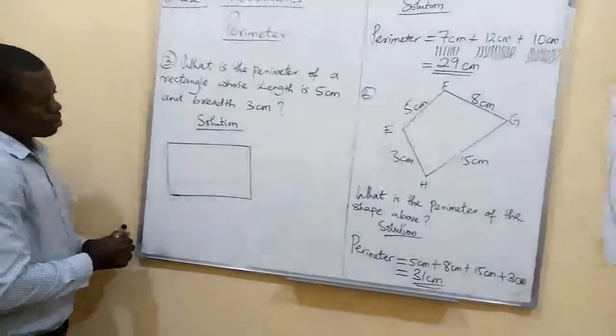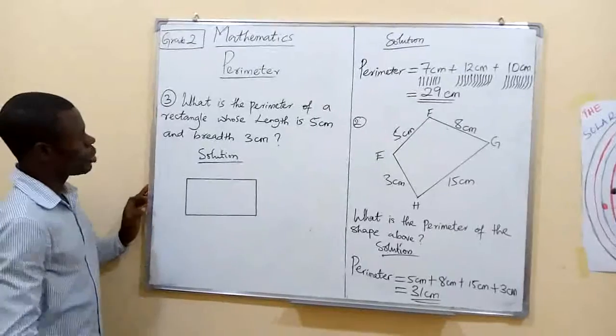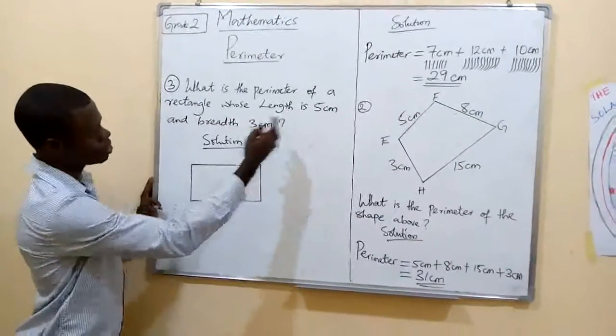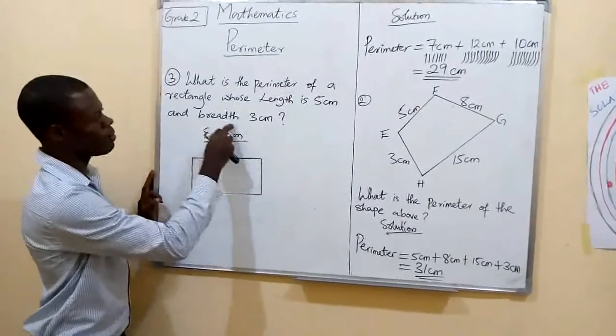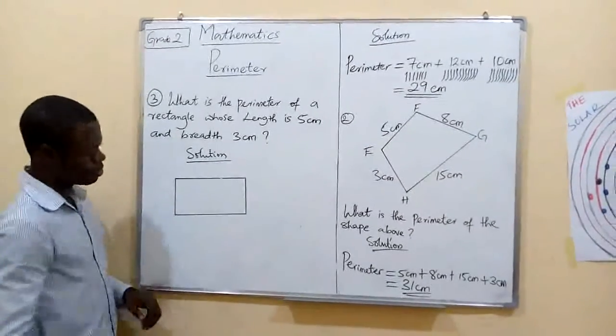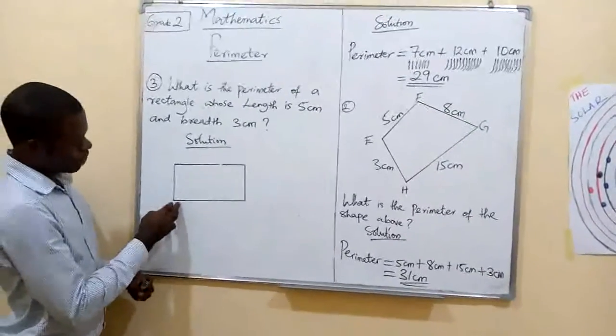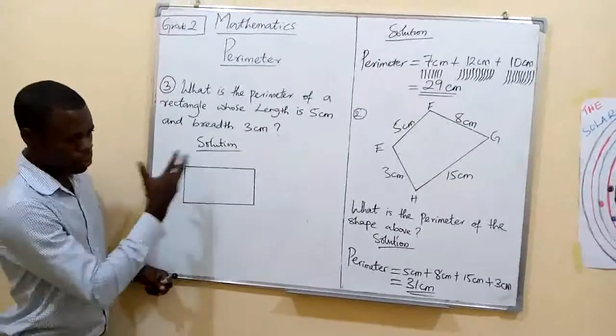In this rectangle, you have the... Alright, what is the perimeter of a rectangle whose length is 5 centimeters and breadth is 3 centimeters? Looking at this rectangle on the board, you'll find out that it has how many sides? 4 sides.